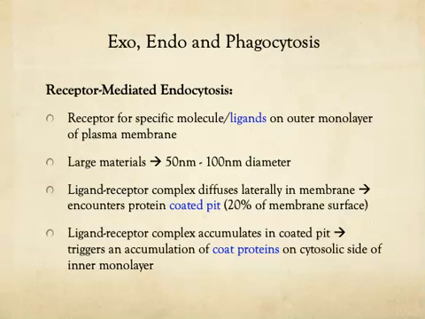And as more and more ligand receptor complex arrives at the pit, that's going to trigger something to happen. And that something is on the inside of the membrane. More and more coat proteins are going to arrive.